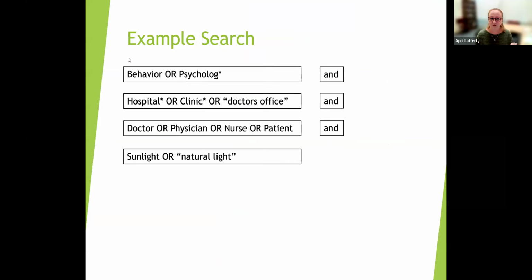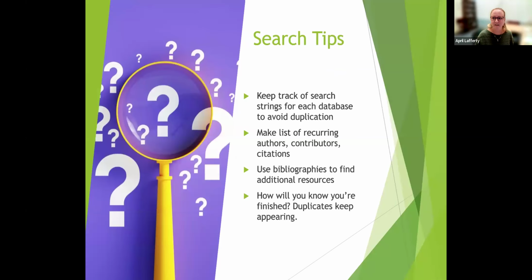So I would copy and paste each line, for example behavior or psychology, into my Word document, so that the next time I go to another resource, I know exactly what I searched for before. That way you're not duplicating searches, you know what you've already done. And in some places it's useful because they need you to show what search you did. So that is one search tip.